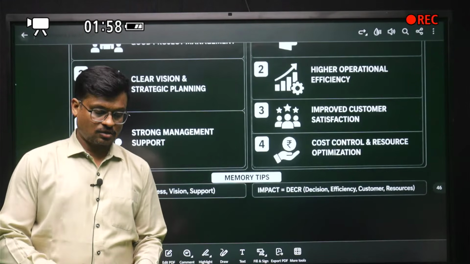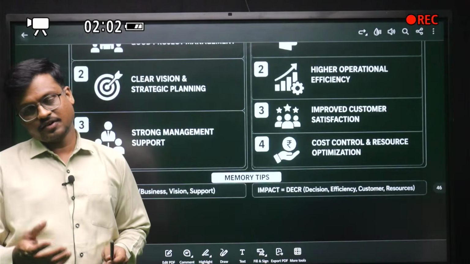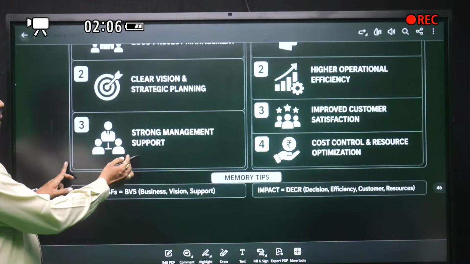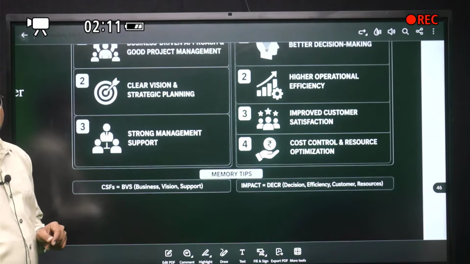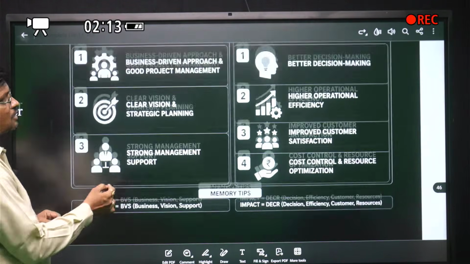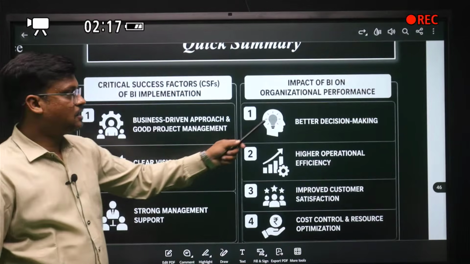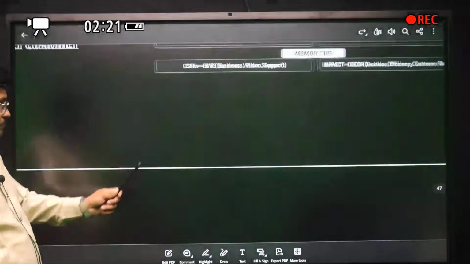And the employee comes with better satisfaction and confidence in the implementation of BI. Okay, dear. So if you want to remember this, you use BVS, and for that you use DECR, DECR. This is the critical success factors, and this is the impact of BI on performance of your organization. Okay, dear.